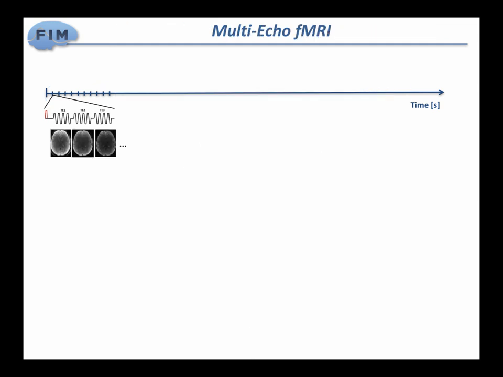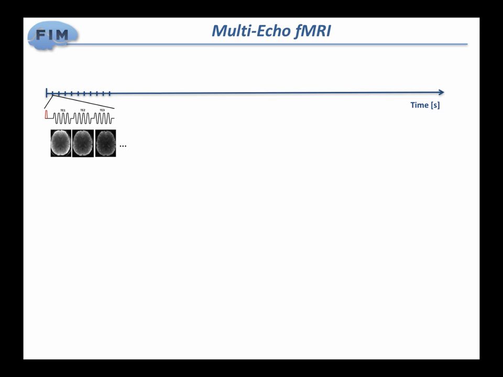With multi-echo fMRI, instead of acquiring a single time series per voxel, every time we're going to acquire more than one slice. Following each excitation pulse, which is this red thing here, we acquire our data at different echo times, which is the distance between the excitation pulse and when we actually do our readout of the data.